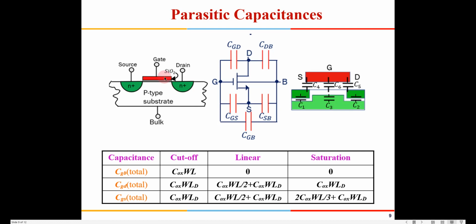In this particular case, epsilon and T are constant; they are not design parameters available to us. W and L are variables which we can set. So if you use a large MOSFET with a large W and L, that is going to increase the capacitance. That is the takeaway from this slide.